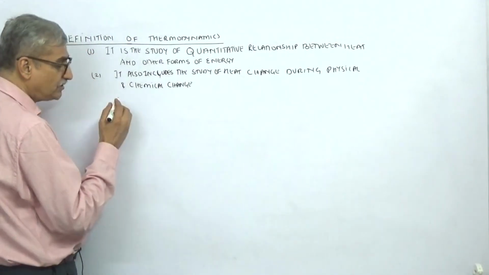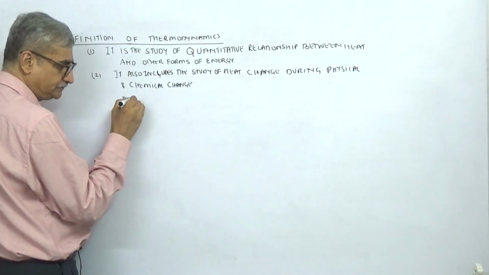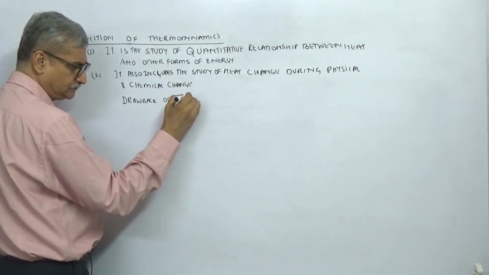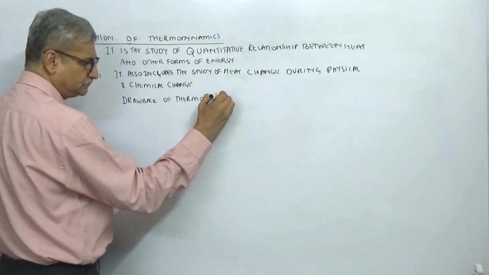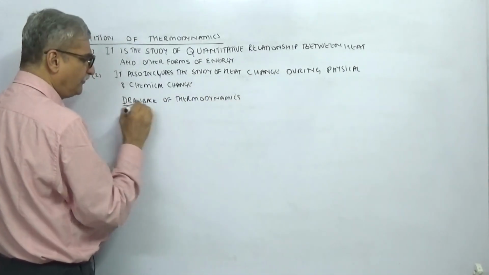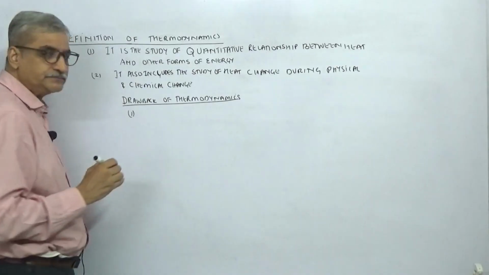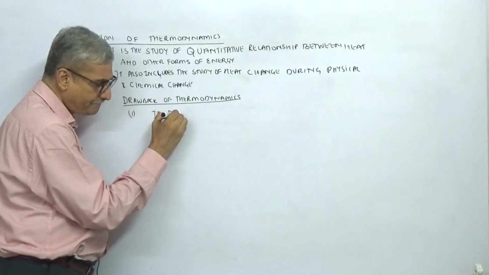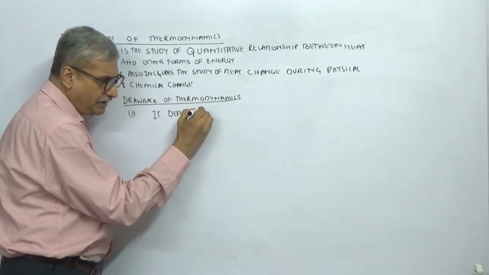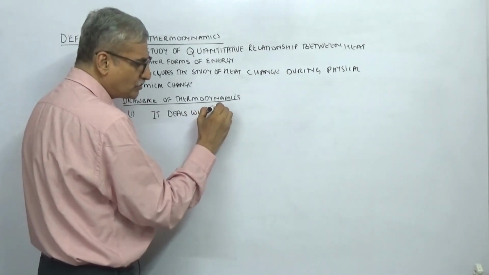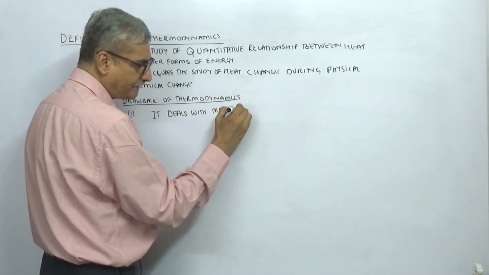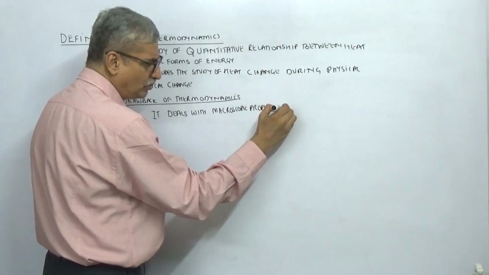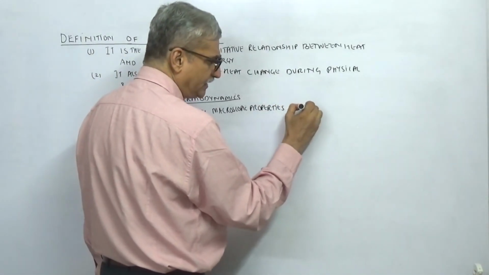But what are the drawbacks of thermodynamics? The first and foremost drawback of thermodynamics is that it deals with macroscopic properties of matter.